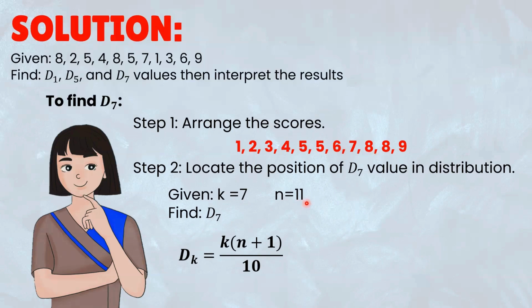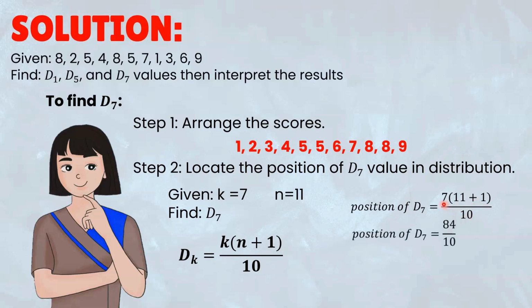We now substitute the given to our formula. So we have position of decimal 7 is equal to k is replaced by 7 and n is replaced by 11. So 7 times the quantity 11 plus 1 over 10. We perform the operations. 11 plus 1 is 12 times 7.